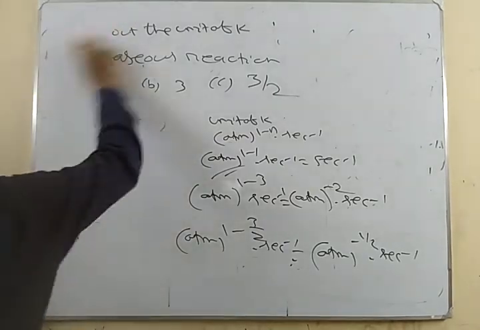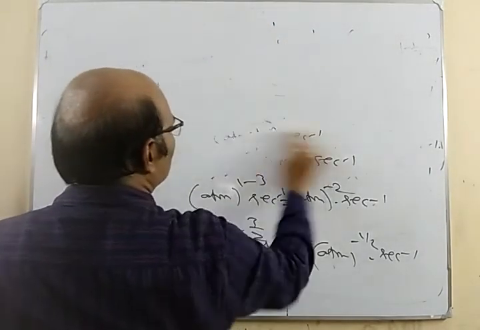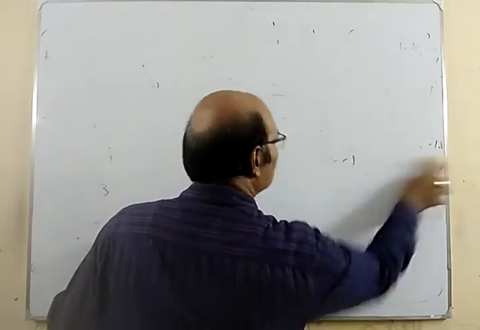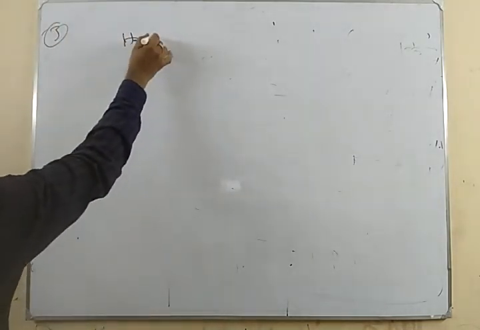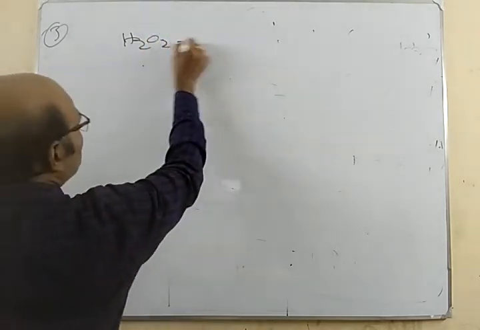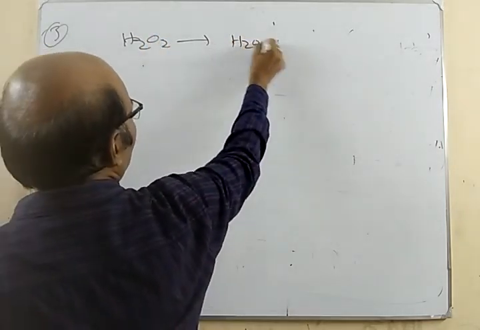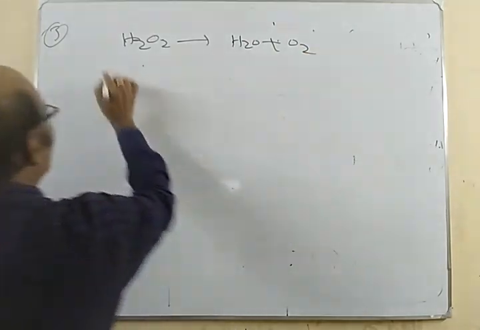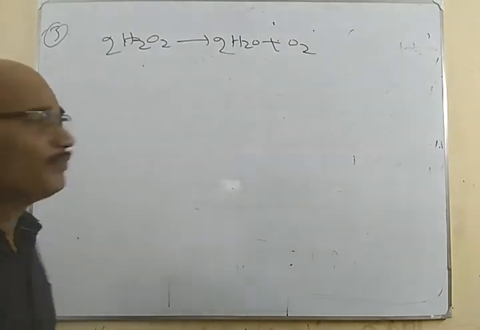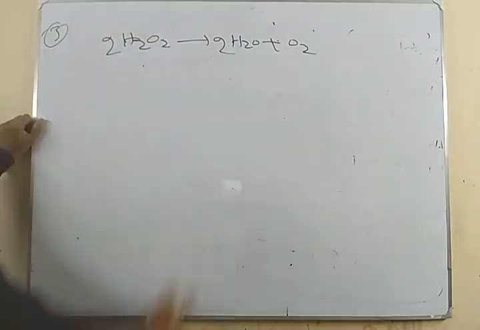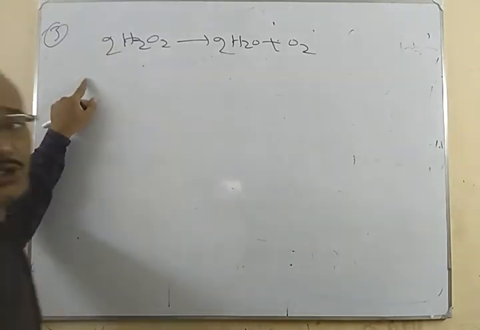Now another question. Let's say 2H2O2 gives 2H2O plus O2. Now this reaction occurs in two steps.